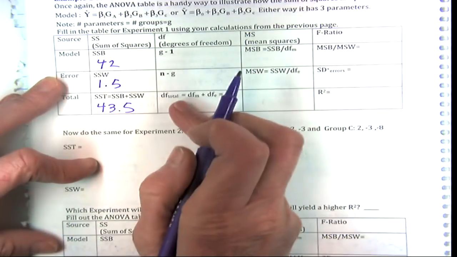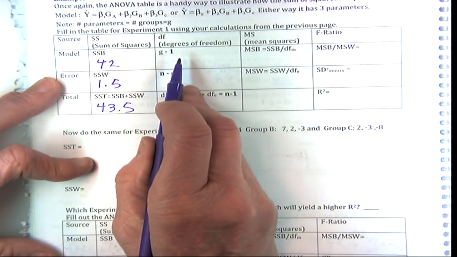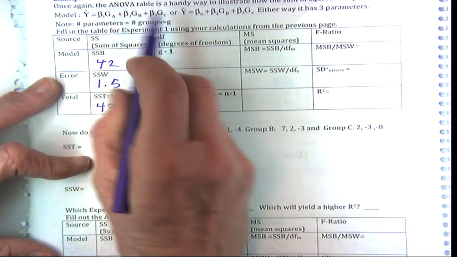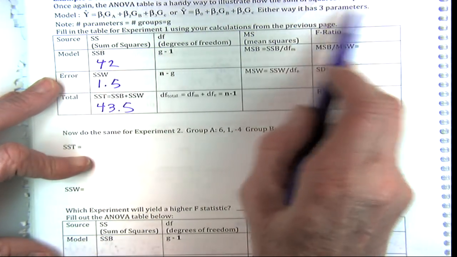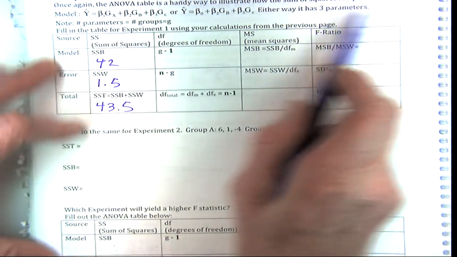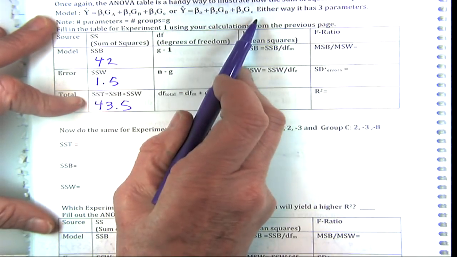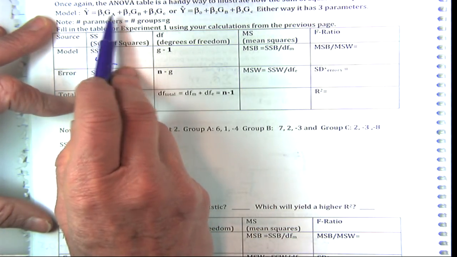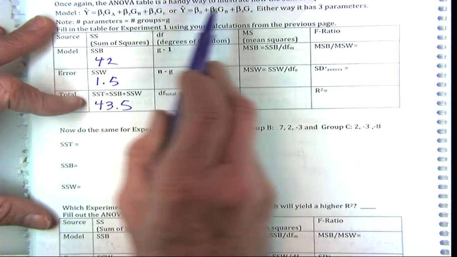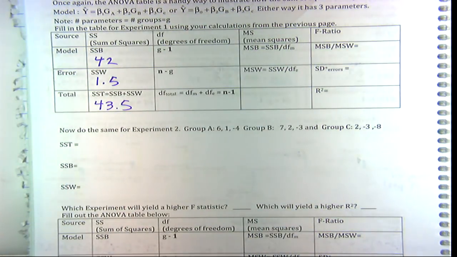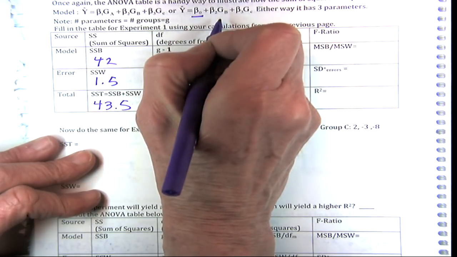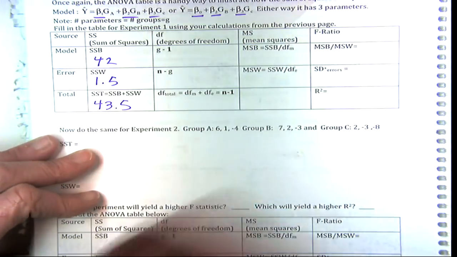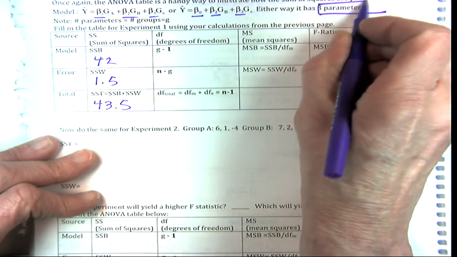Now our degrees of freedom. G minus 1, right? And remember, I put it here. Once again, the ANOVA table is a handy way to illustrate how the sum of squares are partitioned. And you can make the model one of two ways. You can think of the model as just with 3 groups like this, or as an intercept with 2 groups. Either way, there's how many parameters? 1, 2, 3. So either way, it's 3 parameters.